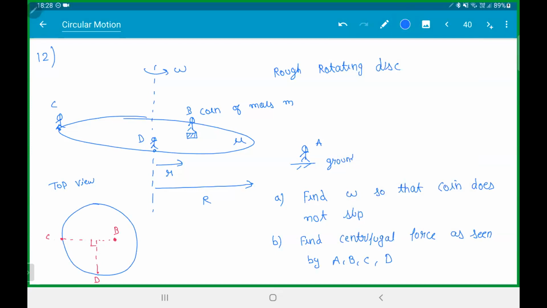Coin is at a distance of small r, the radius of the disk is capital R. Try.